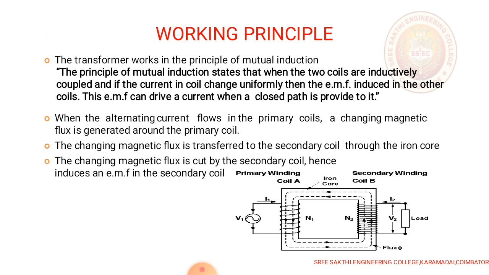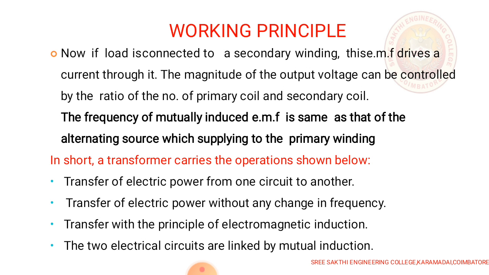This magnetic flux is transferred to the secondary coil through the iron core. The changing magnetic flux is cut by the secondary coil, hence induces an EMF in the secondary coil. If the load is connected to the secondary winding, this EMF drives the current through it.